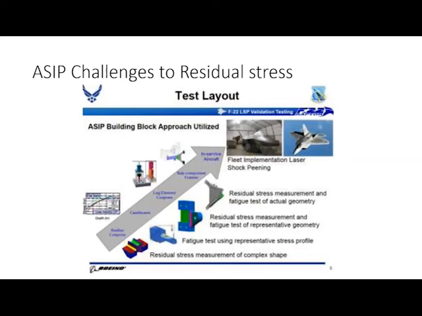ASIP's challenge to residual stress, they follow what I would call the standard building block approach going forward: start with simple shapes, be able to predict, and then lead all the way up to fleet. So that's kind of their approach. They have started to dabble.